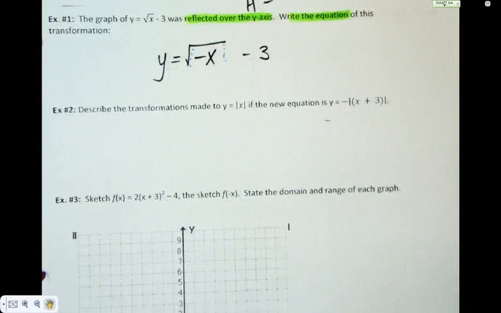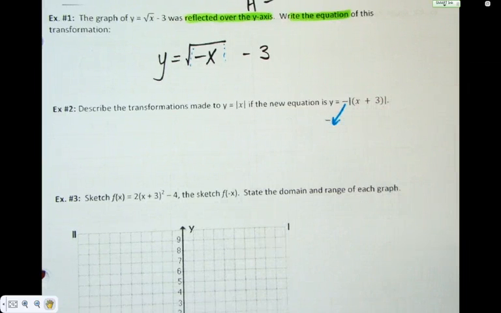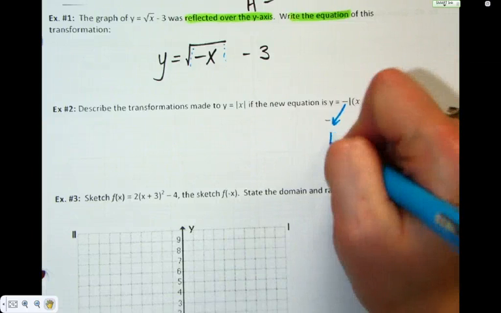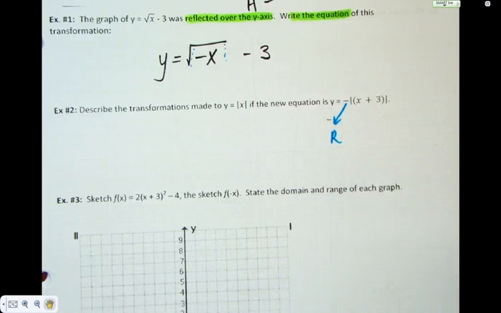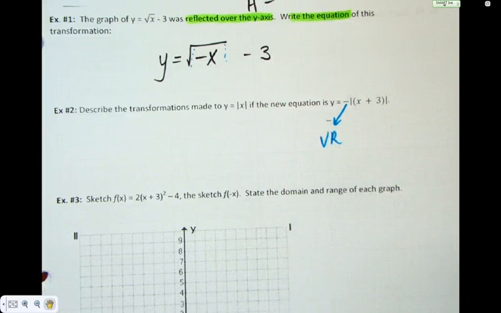Okay, number 2, we just want to practice describing. So they've told us the base graph is the absolute value. We want to know what's going on here. Negative tells us right away that it's a reflection. Where the negative is tells us if it's horizontal or vertical. Is it outside the brackets or inside the brackets? So that is a vertical reflection. Remember, that's just naming, that's not describing.